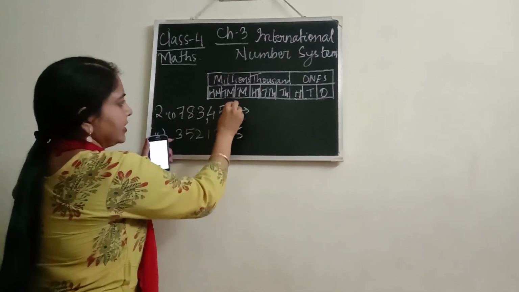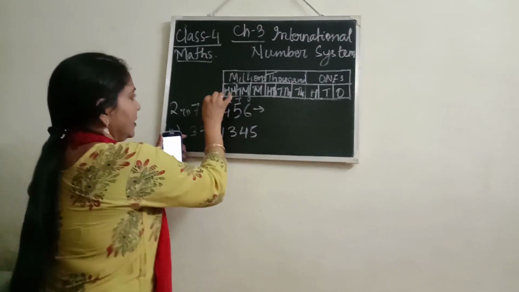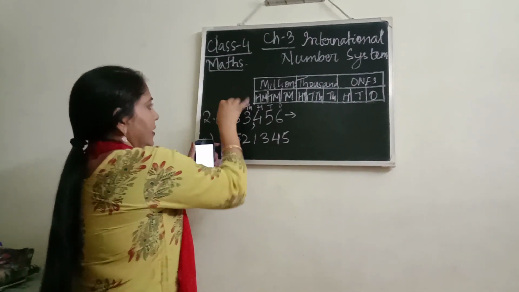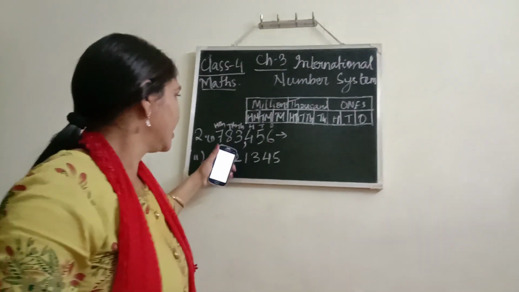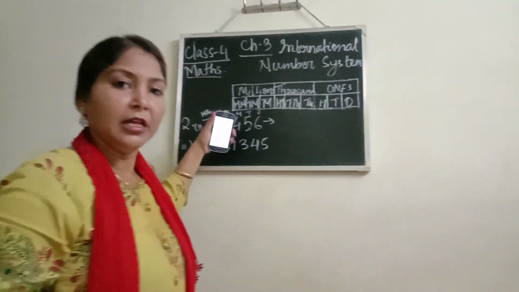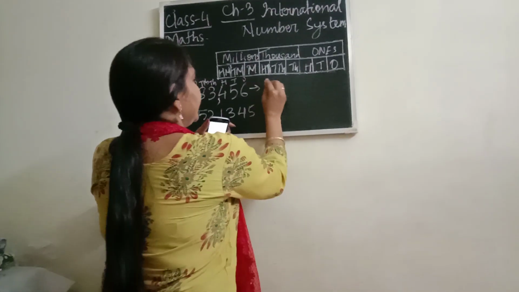You can write the place values on top of it. So we will read this like this: 783 thousands, because this is in thousands period.